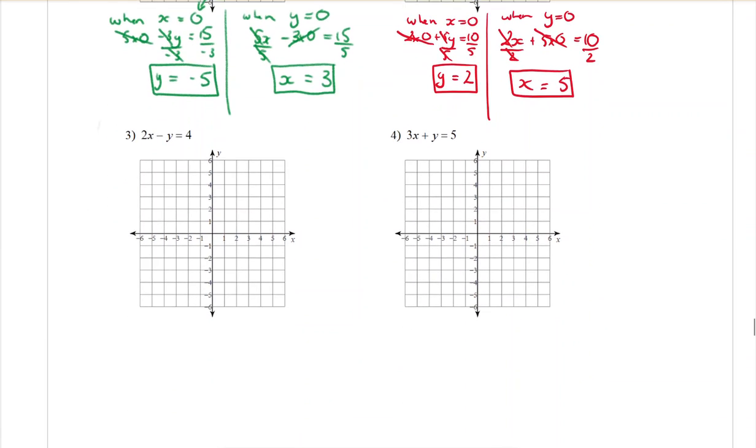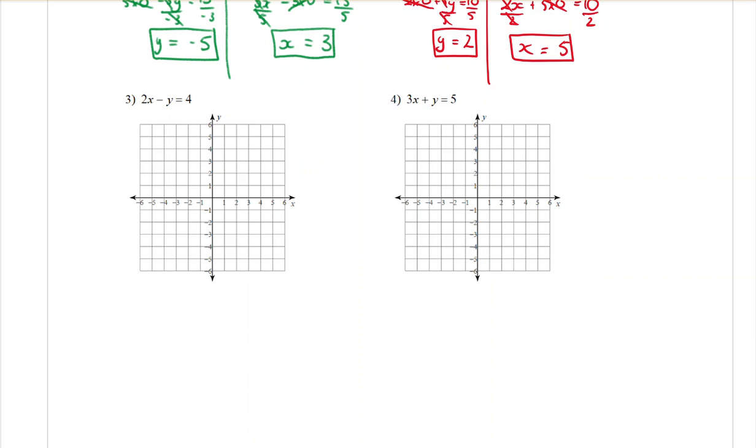Okay, let's try again. We're going to do this over and over. Next one, we have a new equation, 2x minus y equals 4. Always start by writing down when x equals 0 and when y equals 0. Putting x equals 0 into the equation, 2x will become 2 times 0.